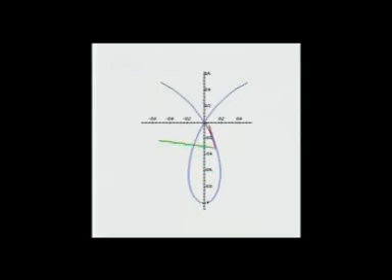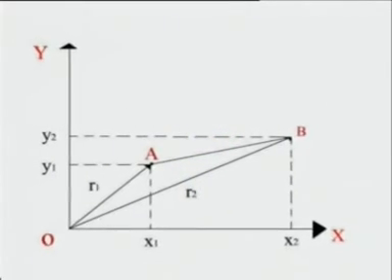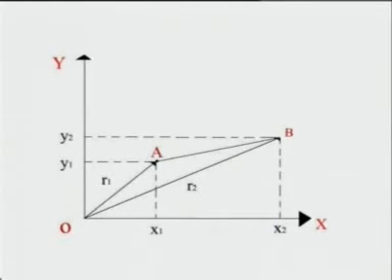Motion with uniform acceleration in a plane. Consider a point object moving in a plane with a uniform acceleration vector a. Let us suppose O is the origin for measuring time and position of the object. Let the object be at positions A and B at times t1 and t2, where vector OA is equal to vector r1 and vector OB is equal to vector r2.